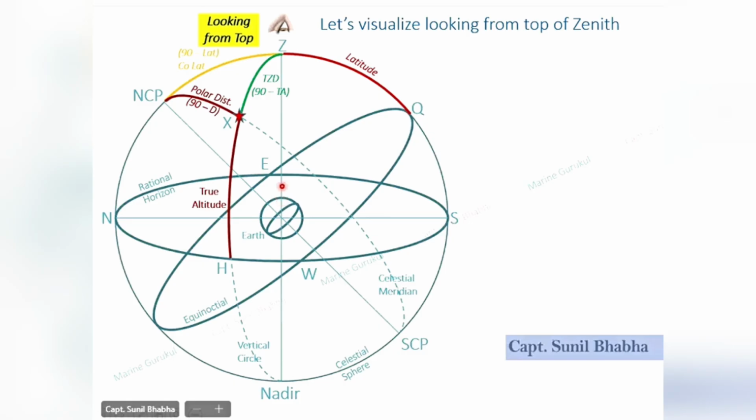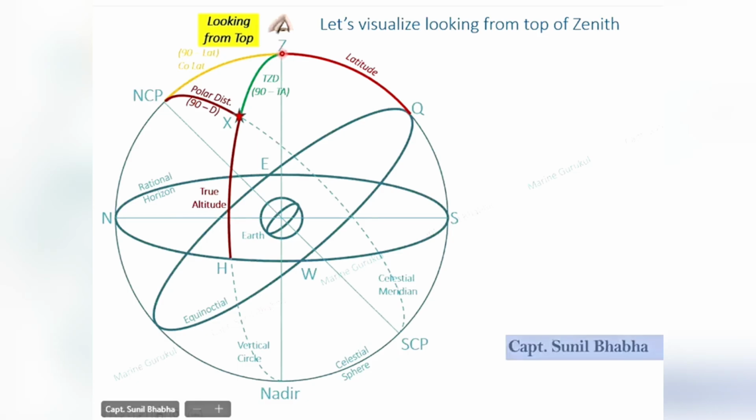Let's say you have a rocket, you sit in the rocket, it takes off and goes vertically upwards. Eventually, at one point of time, it is going to reach the zenith of the observer.